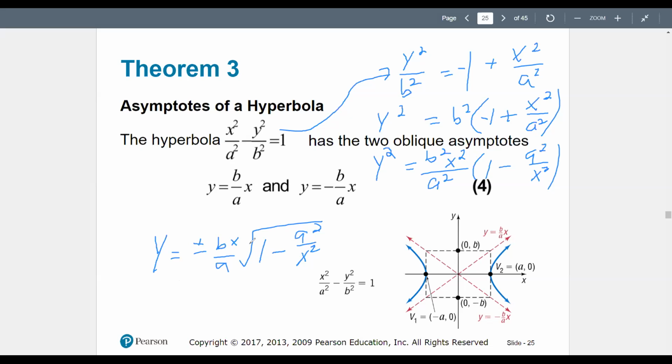If you take the limit of this function as x approaches plus or minus infinity, then this section here becomes a 0, which is going to leave you with y equals plus or minus bx over a. That would be your proof.